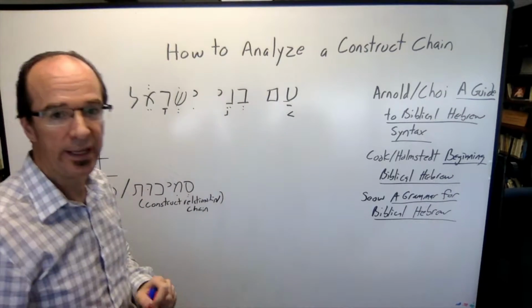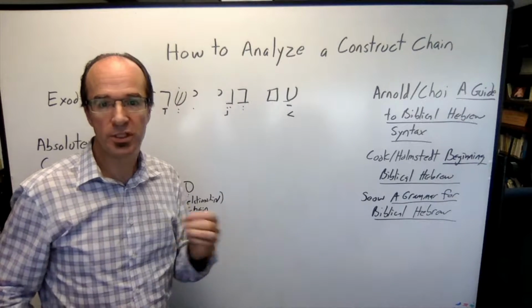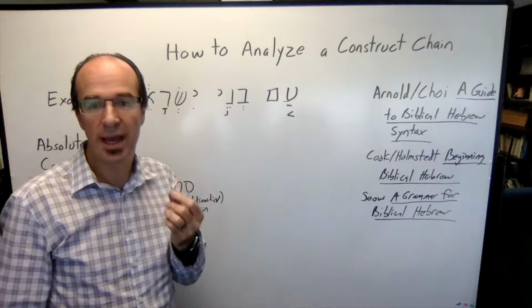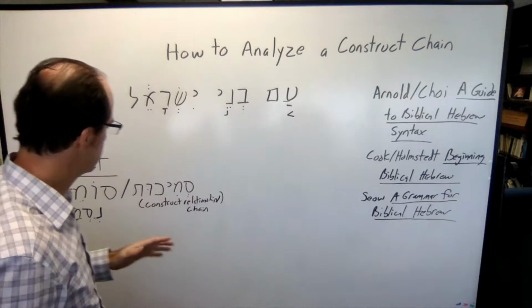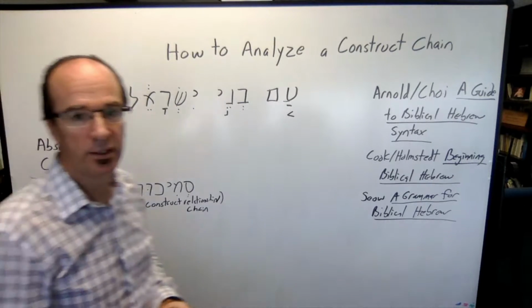Now, when we're looking at a construct chain, Cook-Holmsted use the language of a bound example, and so traditional grammars will talk about absolute and construct.